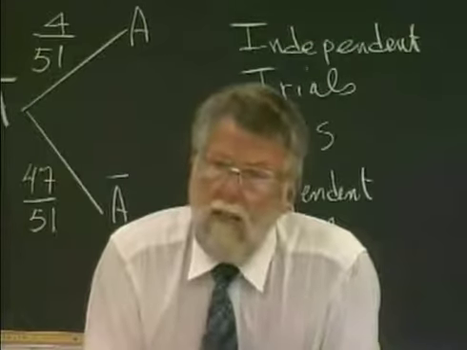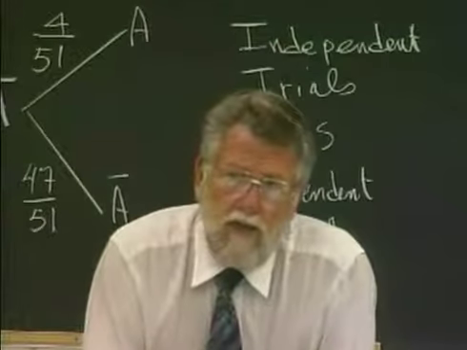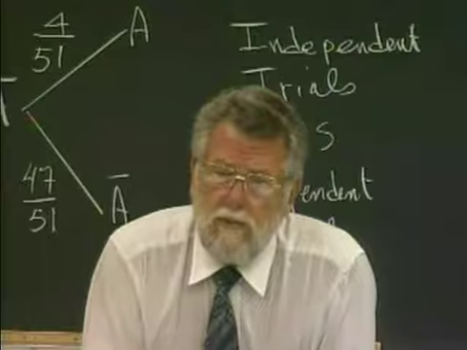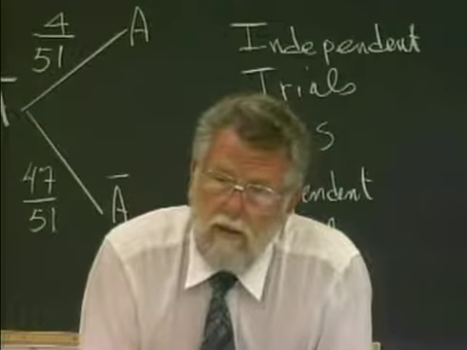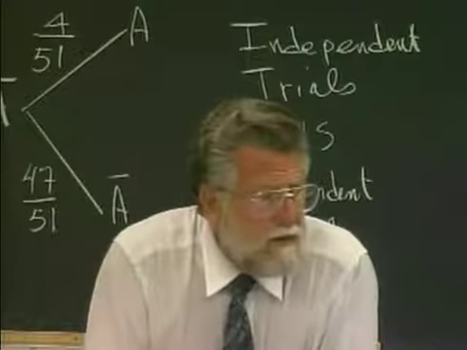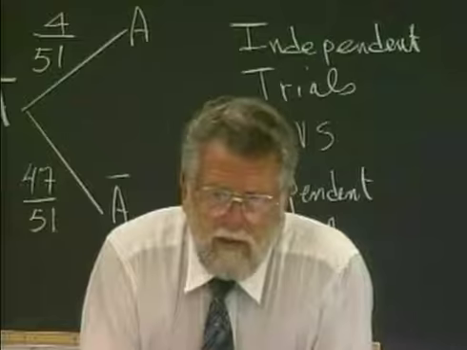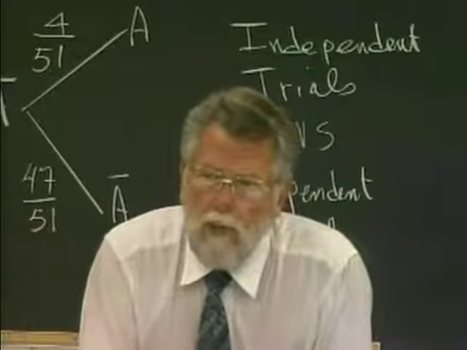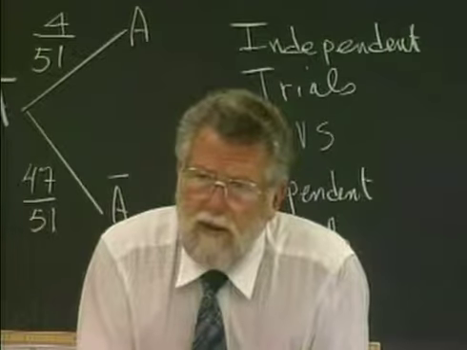So I can define a probability distribution where X is the number of heads I get in the toss of 3 coins. So I could have X as high as 3 and as low as what? 0. I could get 3 tails. So X being the number of heads, 3, 2, 1, and 0 are my possible values. What are my probabilities for each of those values of X?